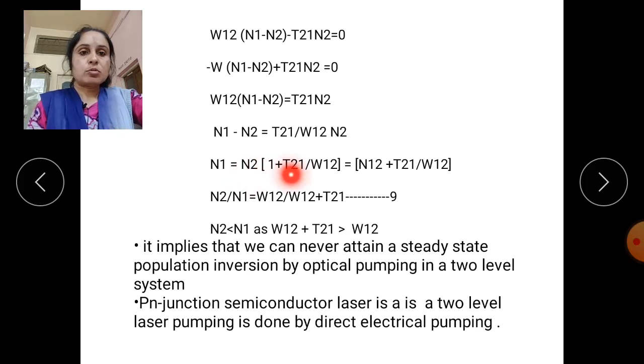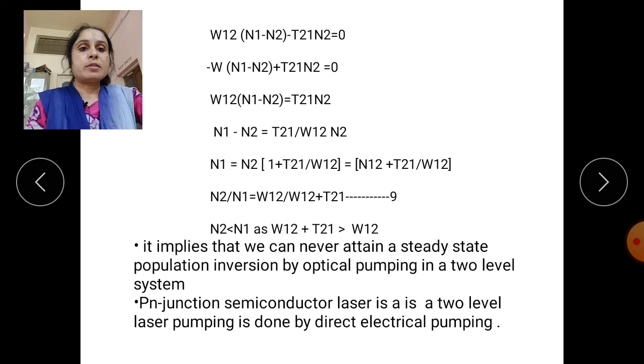Combining the populations of the ground state and the excited state, we get N1 is equal to N2 (1 plus T21 upon W12), that is N2 plus T21 upon W12. So, this gives the equation N2 by N1 is equal to W12 upon W12 plus T21.